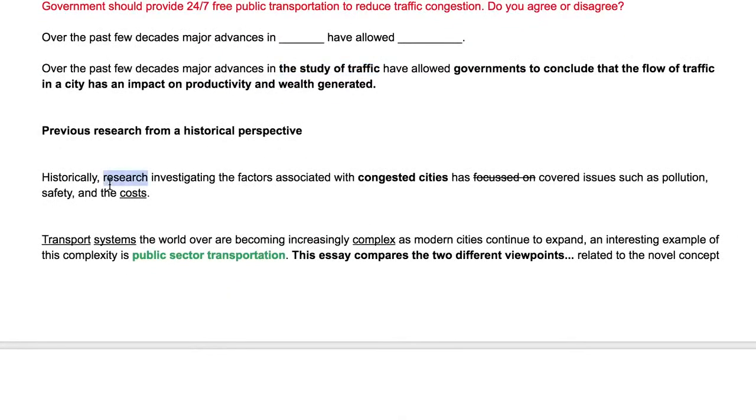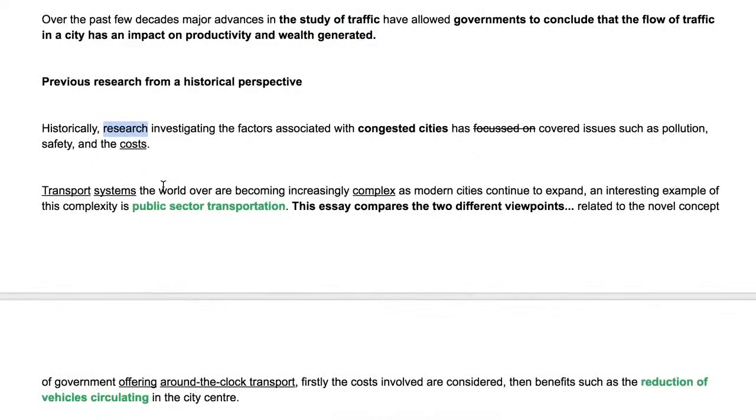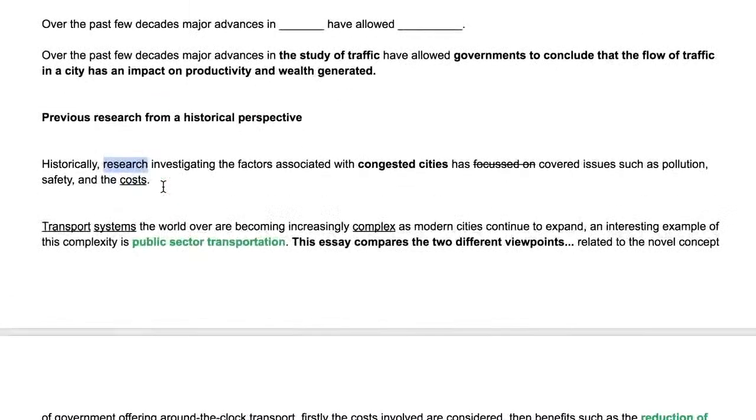Now I finally get to use my historically sentence. So we've got it here. Historically, research investigating the factors associated with congested cities has, and I had to delete focused and I substituted it for covered, okay, has covered issues such as pollution, safety and the costs.